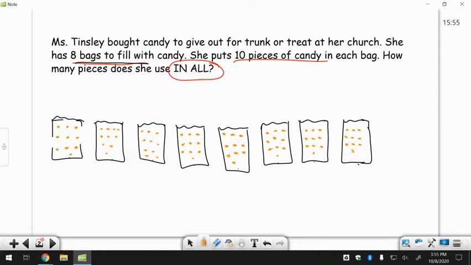How many pieces are there in all? Now, we already said that in all tells us to do what? Say it loud. Add. Nice job.